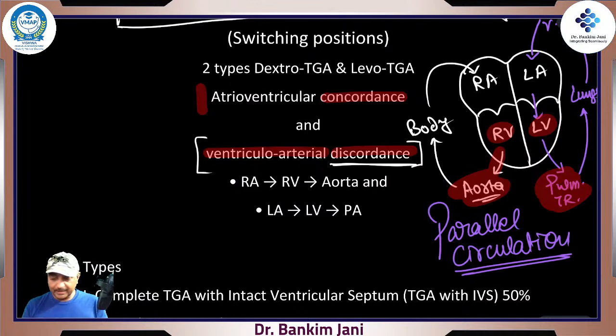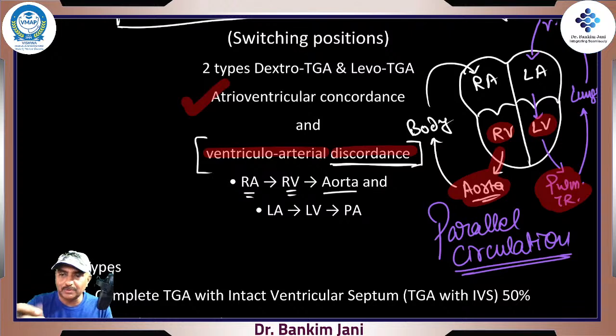So there is atrioventricular concordance. Things are good, but there is ventriculo-arterial discordance. So how come? This is right atrium to right ventricle to aorta. The aorta will have deoxygenated blood, absolutely, because whatever blood was there is used up by the body, and then the same blood is going round and round.